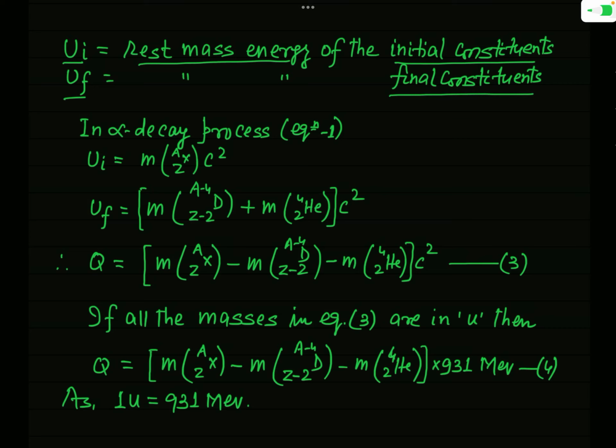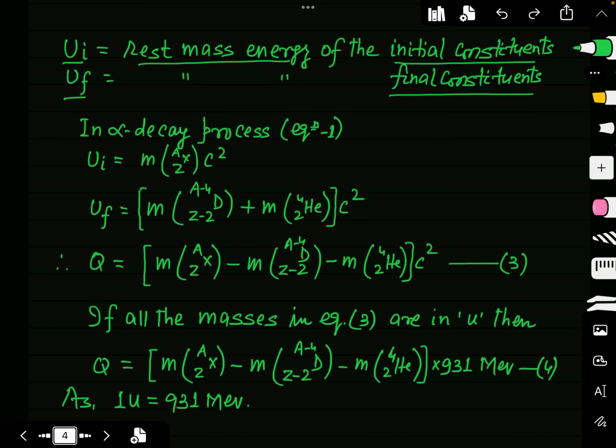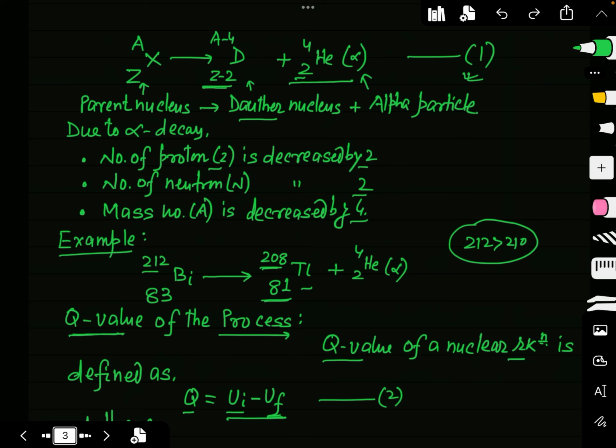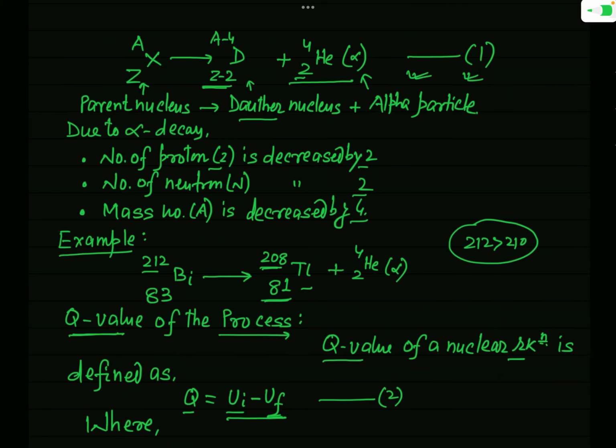Now see this equation, which I have mentioned as equation 1, which represents an alpha decay process. Here there is only one initial constituent, and that is ZXA. In the final constituents, you can see there are two components: one is the daughter nucleus and another is the alpha particle, that is the nucleus of helium.